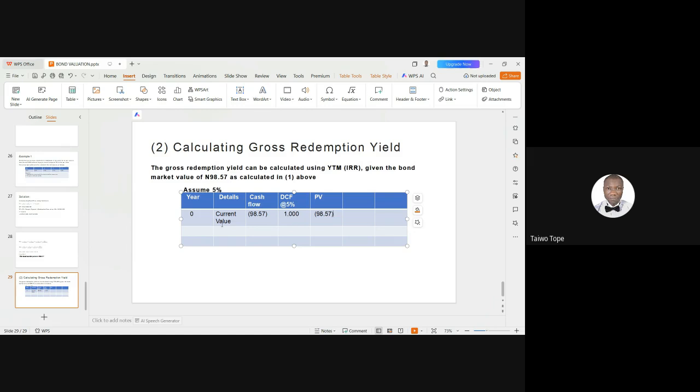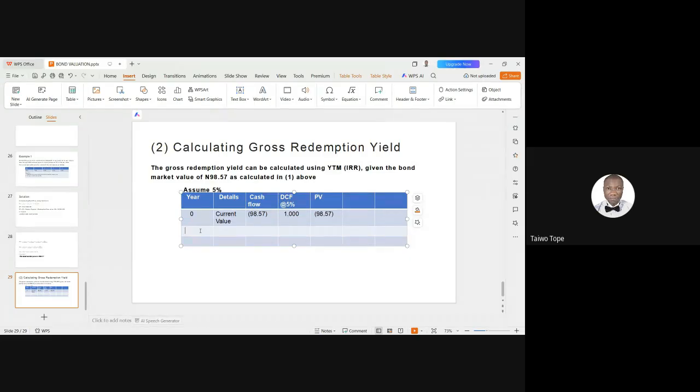And also, do we have a constant annual interest payment? We have a constant annual interest payment, and we have the same discount factor that will be used for all. So we don't need to solve year after year. We can apply our annuity value.